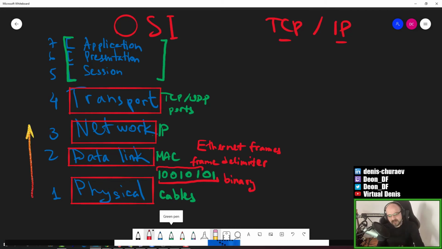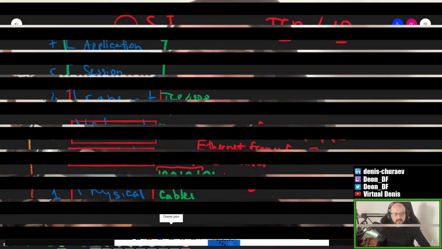And then another frame starts, etc. All of these frames use binary data inside of them to create another type of data carrier called a packet. So on the IP level, we have IP packets. The packet also has a beginning and an end, like Ethernet, but you can have multiple frames which end up in a packet.